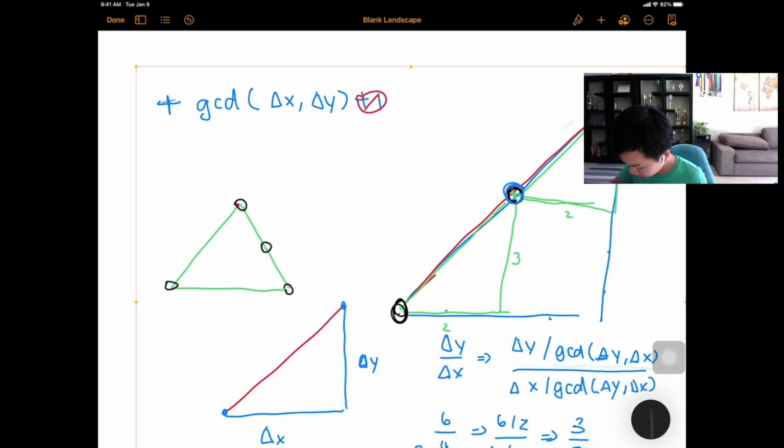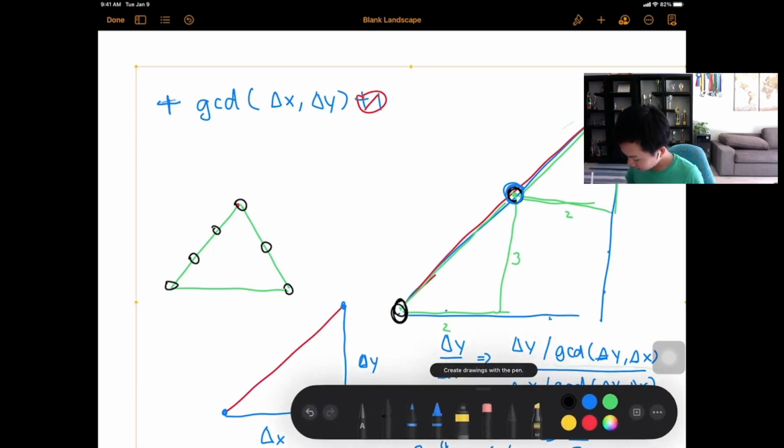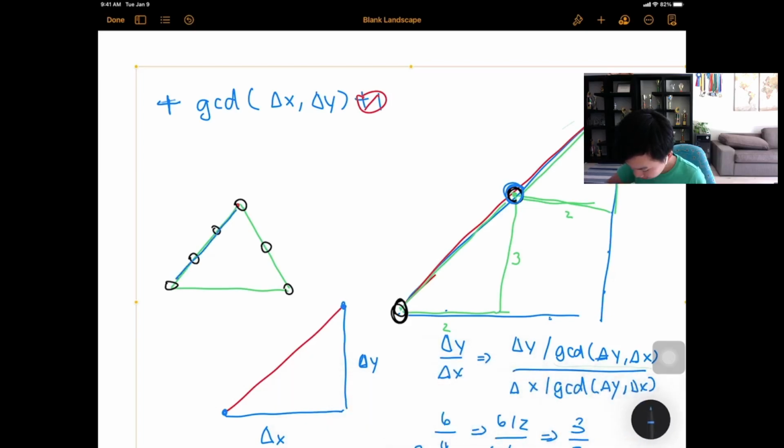Let's just say we have one here, and we have 2 here, and let's just say we have nothing here, okay? So then over here, the GCD of this line is going to be equal to 3. The GCD of this line is going to be equal to 1, and the GCD of this line is going to be equal to 2.